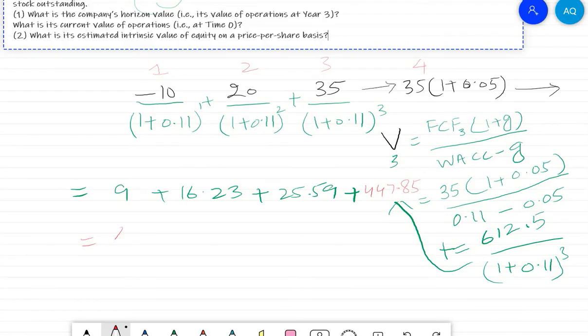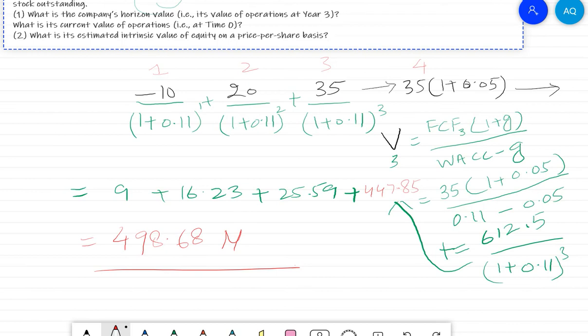Add everything up and we will have 498.68 million. That will be the current value of operations.